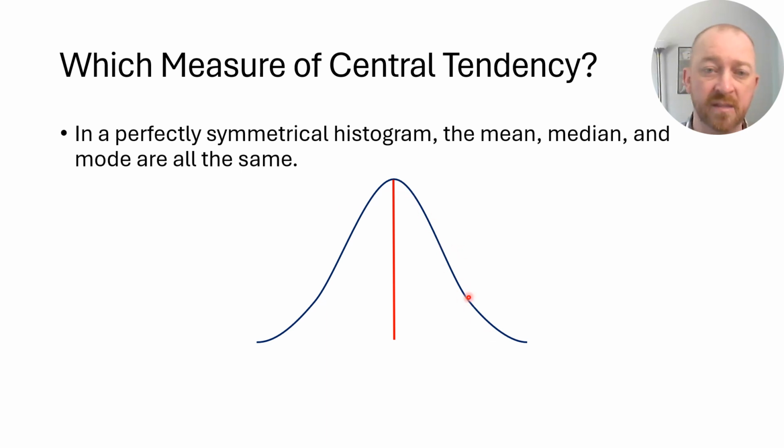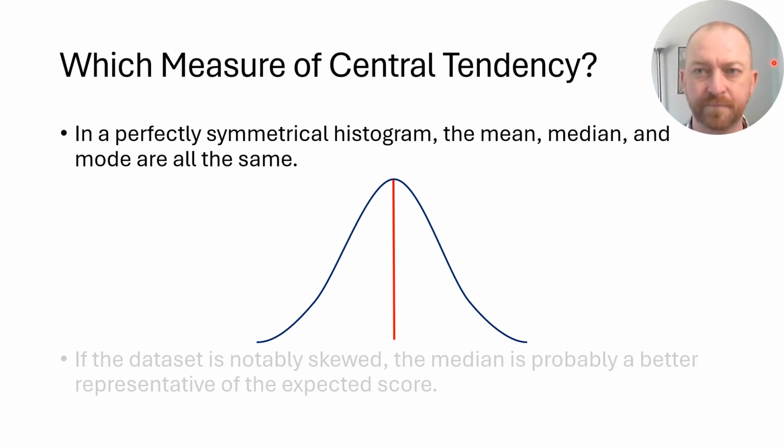It's going to be balanced out if you have the same values on the right as you have on the left of it. The median is going to be the exact middle, and therefore if it's symmetrical, it would be the same. And the peak of the distribution, which is by definition the mode, is also right there in the middle. So if you have a symmetrical distribution, there's no problem. The mean, median, and mode are all perfectly valid and equal. And therefore, statisticians usually just use the mean.